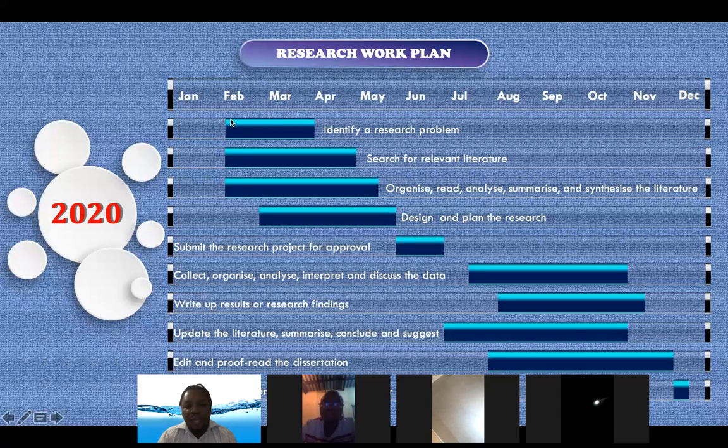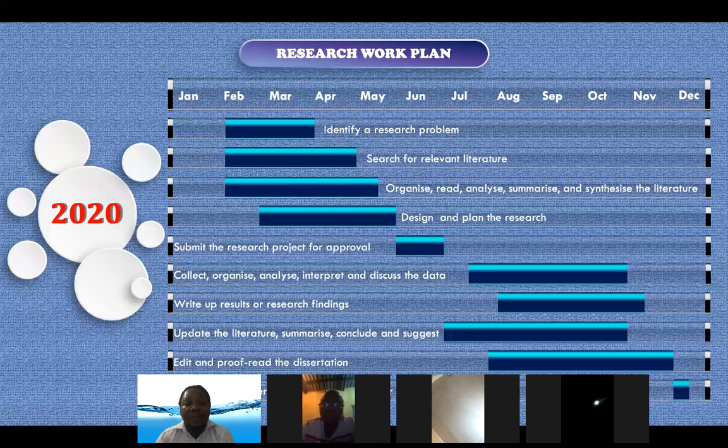So from the beginning of February up to the end of March, this is when they identified their research problem. That's why you have here, identify a research problem. So it took them from February to the beginning of April to identify a problem.